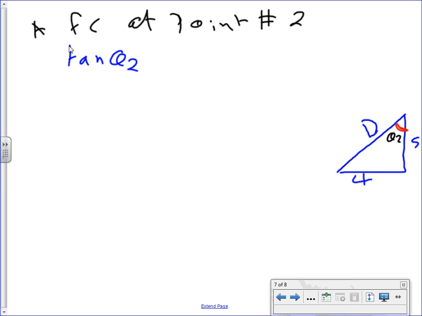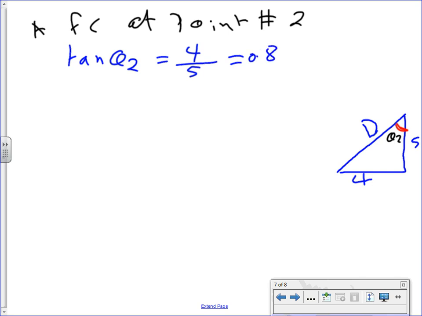The tan is opposite over adjacent. So my tan Q2 equals 4 over 5. Everybody can see the 4 over 5? That's my triangle. So my tan is 0.8.